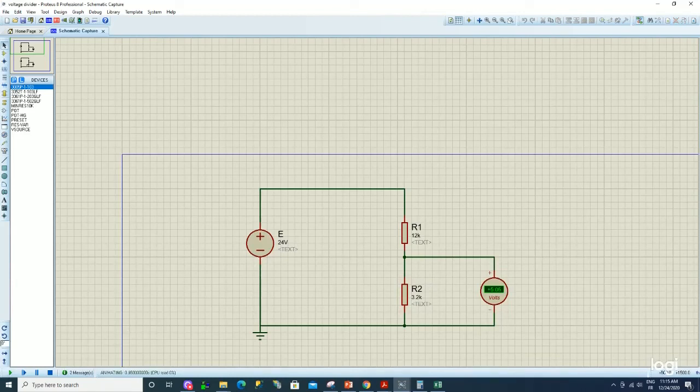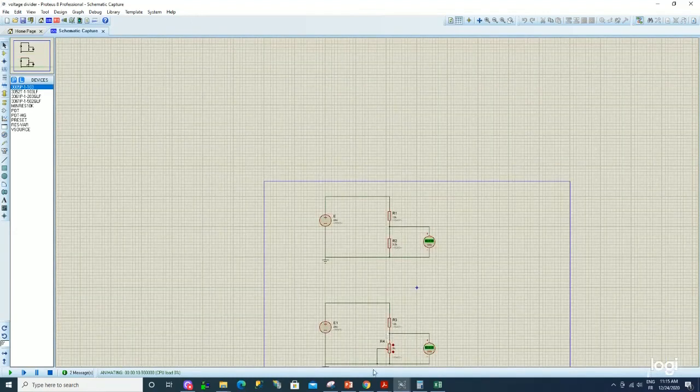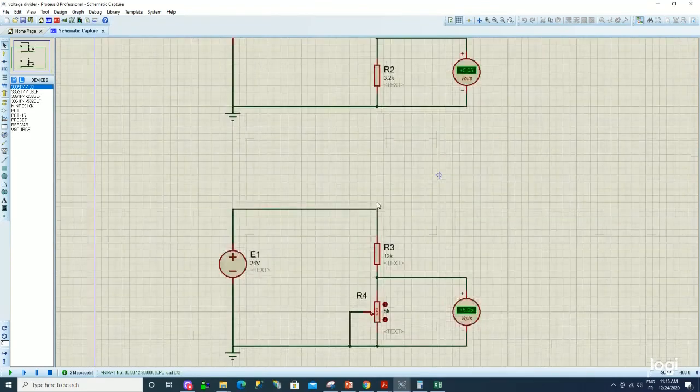Here we can see that from 24 volts we fix the output to 5 volts using our pair of resistances. I made another circuit where I replaced R2 by a potentiometer, with which I can modify the value of the R2 resistance.